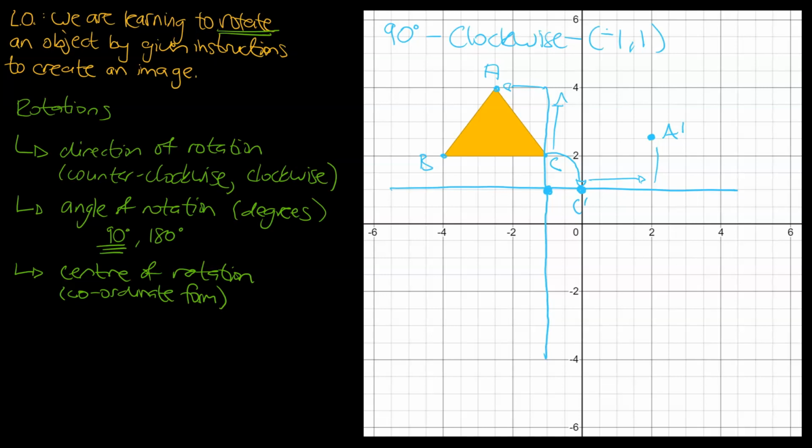Then we repeat the same for B. We'll just use rough measurements. From C, it goes 6 units up. So let's go 1, 2, 3, 4, 5, 6. And that there would be B prime. From those points, that gives us our shape, and that there would be our rotated triangle, or our image, another way to say it.